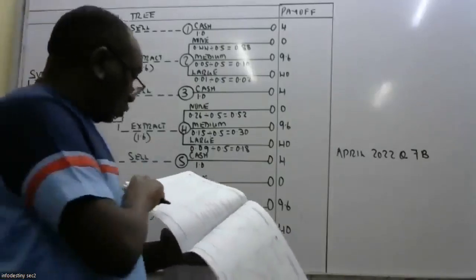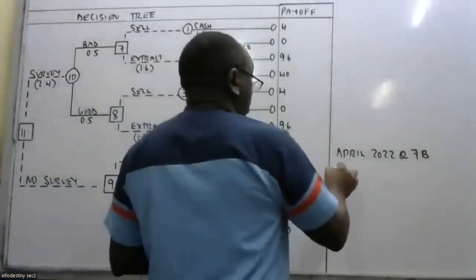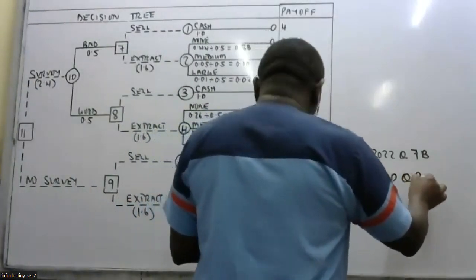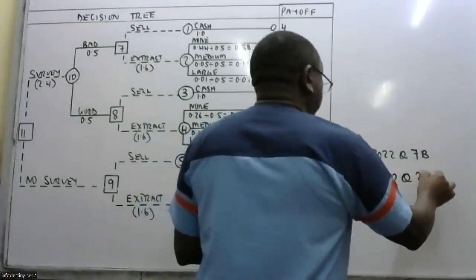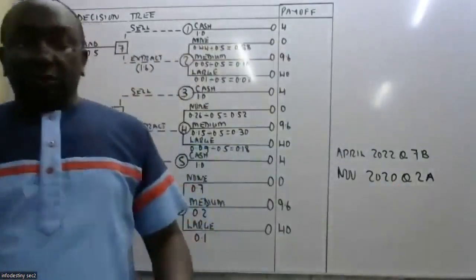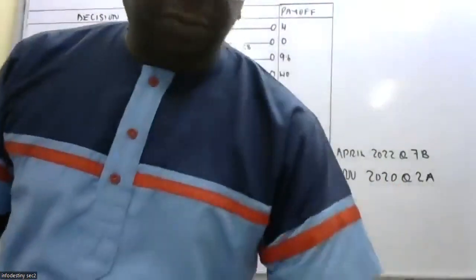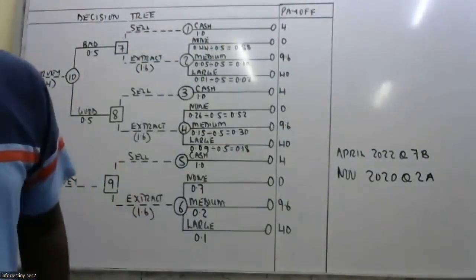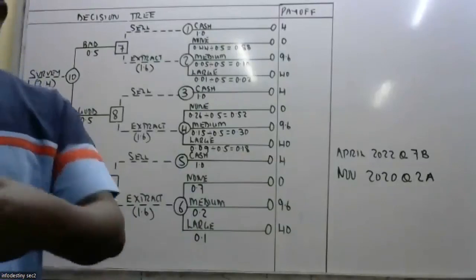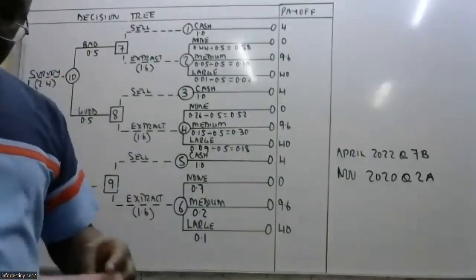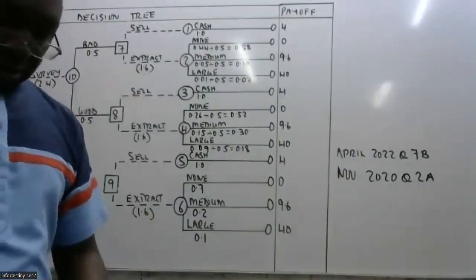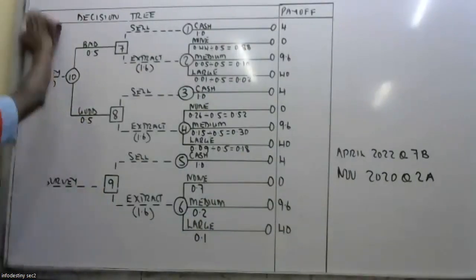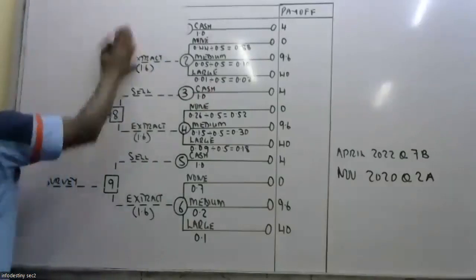Then November 2020, question 2A. So you do those 3 questions, the one in the past papers and the one in the handout, and those 2 in the past papers, plus any other that you come across.